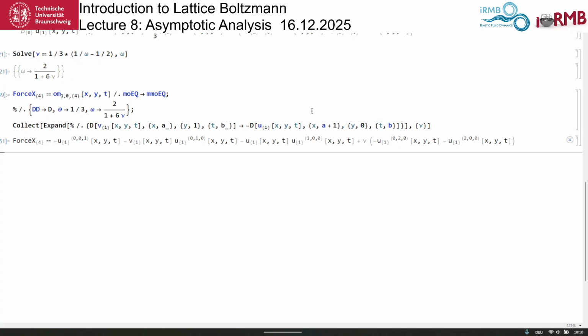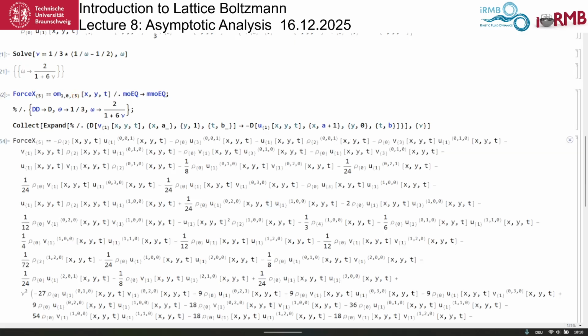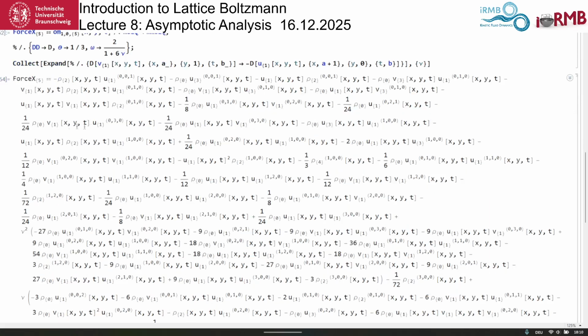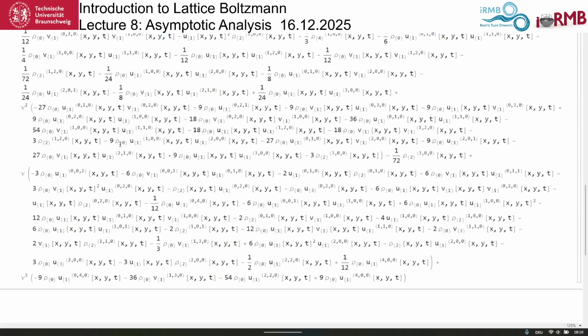And then if you go on and look at the next order, you will notice that it is no longer possible to put this to 0, because there will be derivatives of first order terms that are not 0.